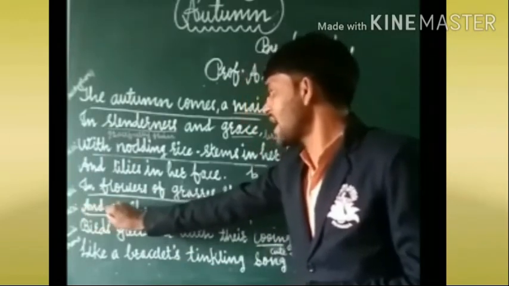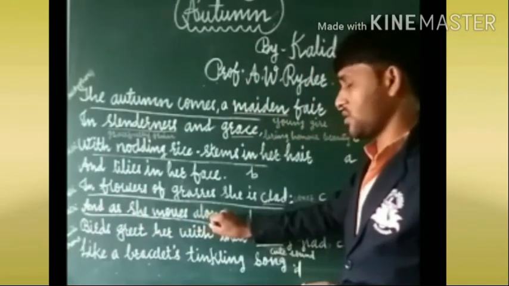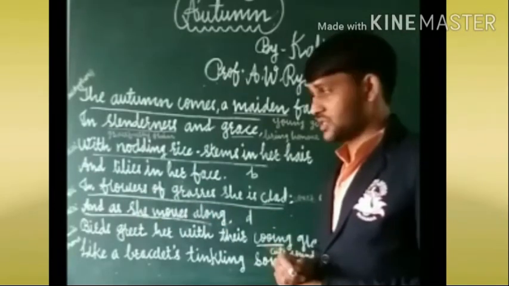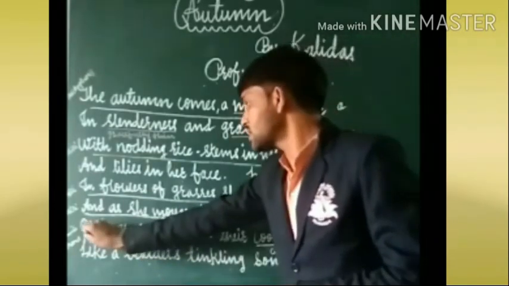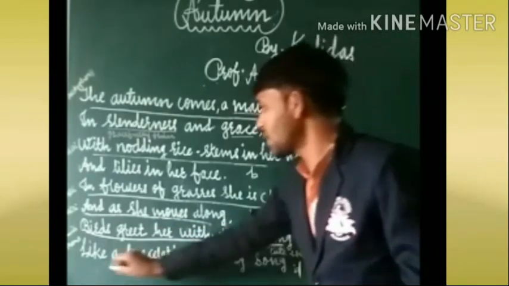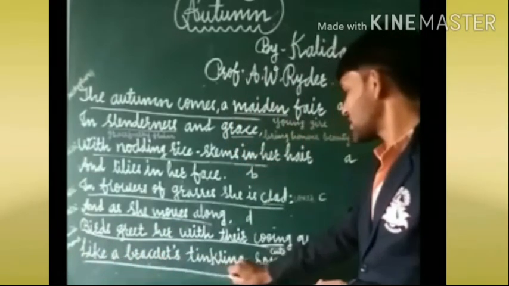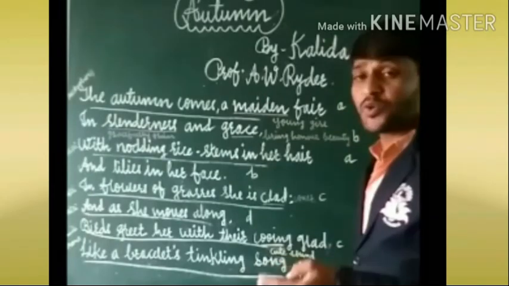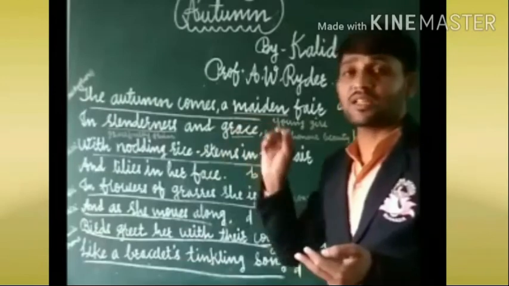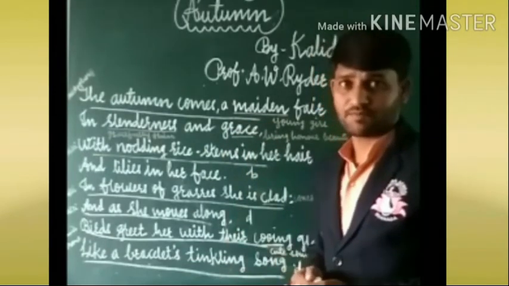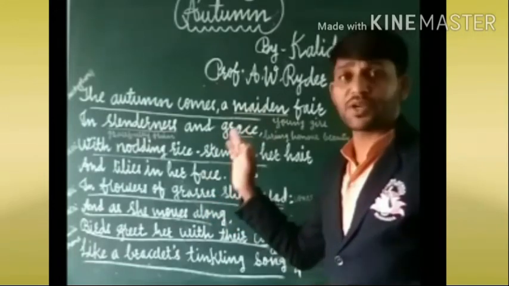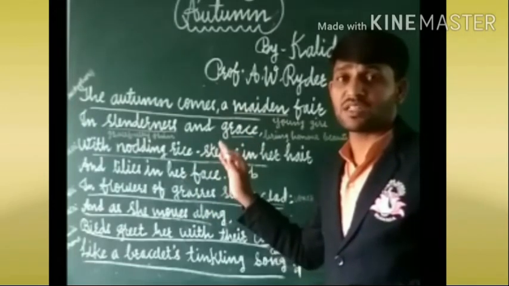And in the next line, and as she moves along, here also you can find alliteration. Next, birds greet her with their cooing glad like a bracelet's tinkling song, here two figures of speech you can find: one is a simile and the other is onomatopoeia.